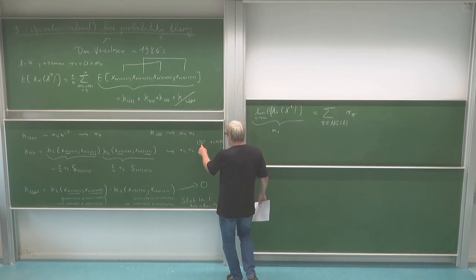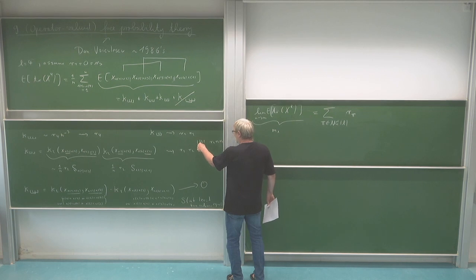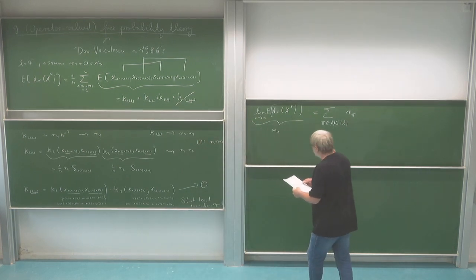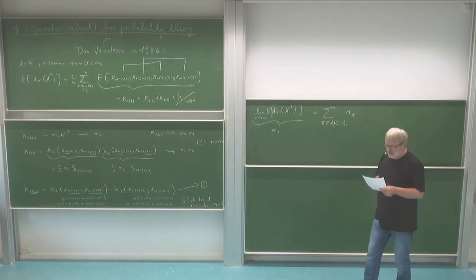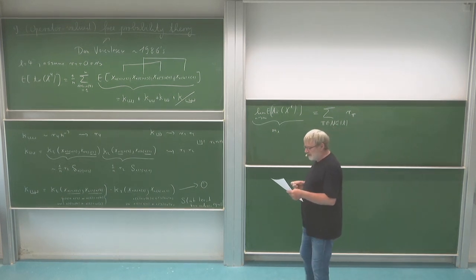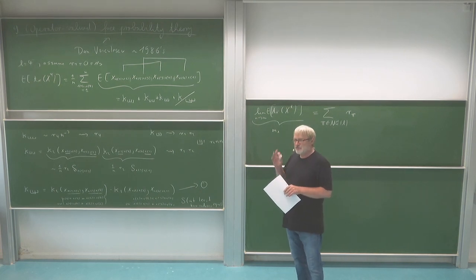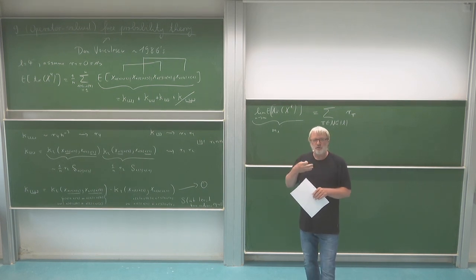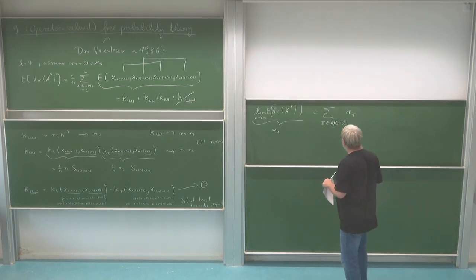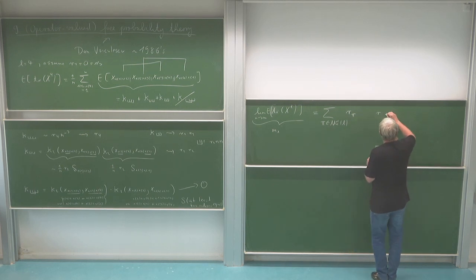A block of size 2 gives an R2, a block of size 1 gives an R1, and a block of size 1 gives another R1. So it's exactly the same. So it's this formula. So this is the free moment-cumulant formula, and the R's which show up in this context here, they are kind of cumulants, but not the classical ones, but they are the cumulants in this free probability theory, so the R's are called free cumulants.